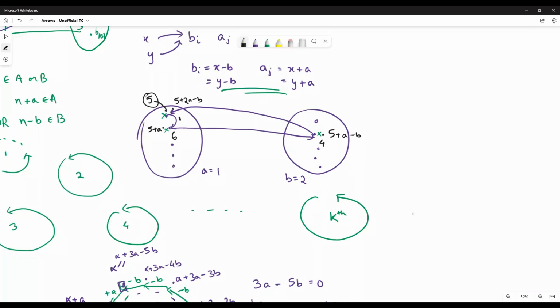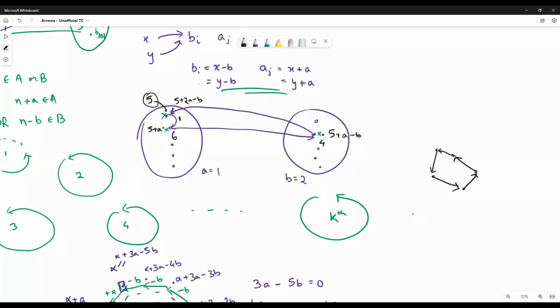So if there is a cycle, the cycle is nothing but a sequence of operations. We have defined a cycle as a sequence of operations.